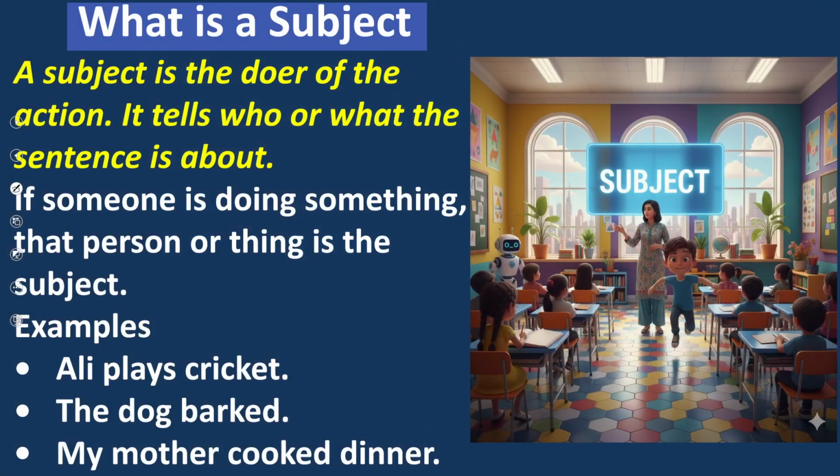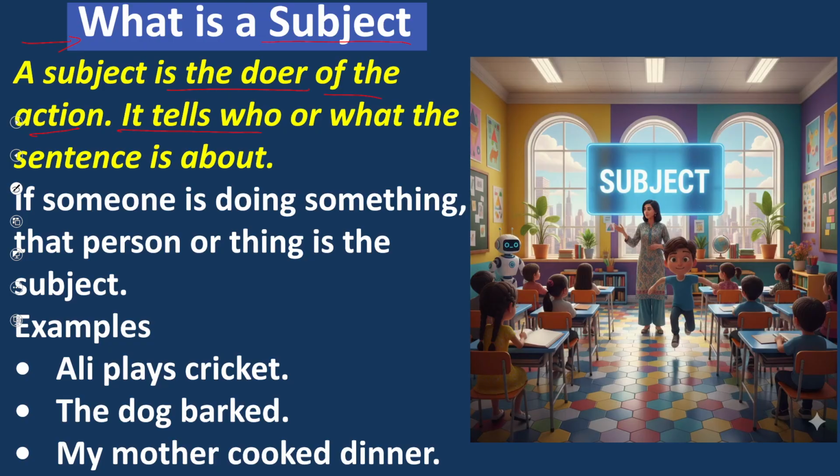Yes, first of all, what is a subject? As I told you before reaching this slide, I told you about the doer. So, the subject is the doer. A subject is the doer of the action.